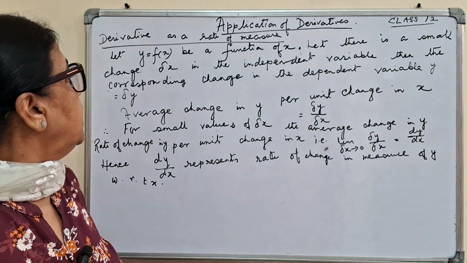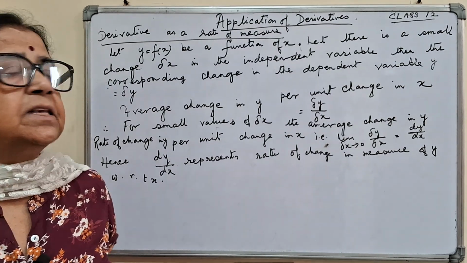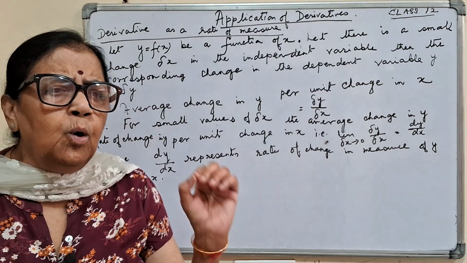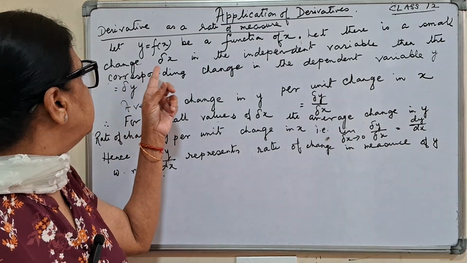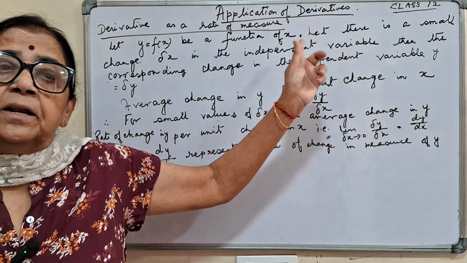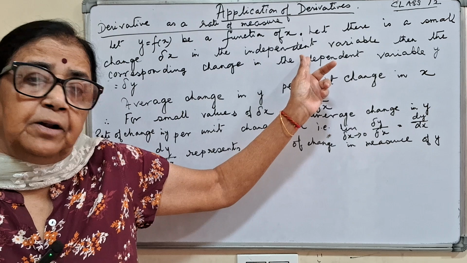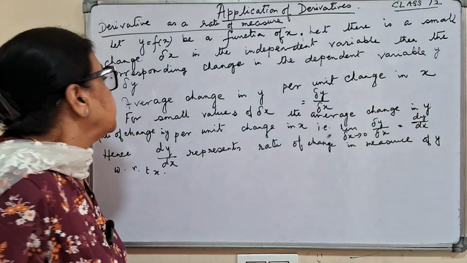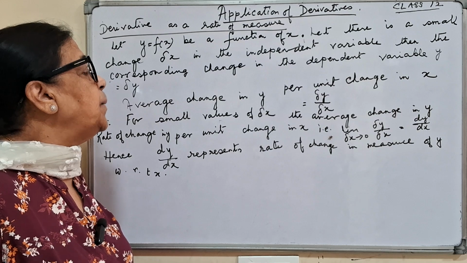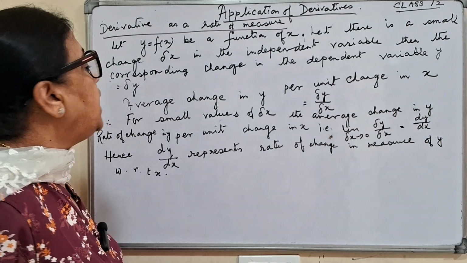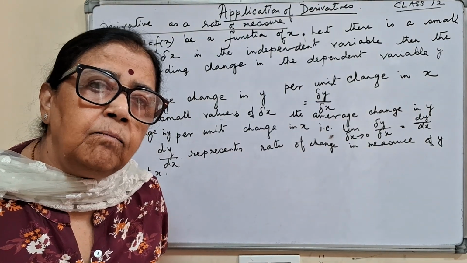So there will be a function of x. Let there be a small change delta x in the independent variable. Then the corresponding change in the dependent variable y is delta y.